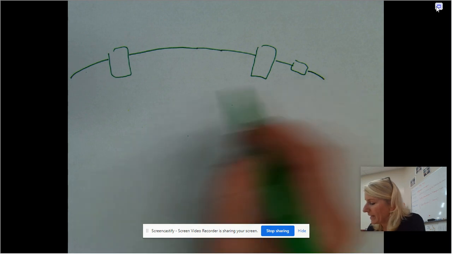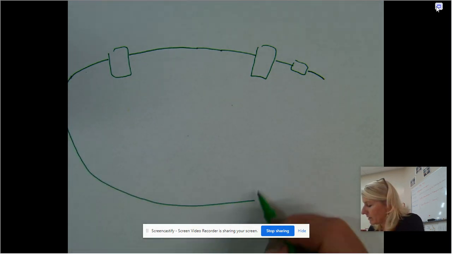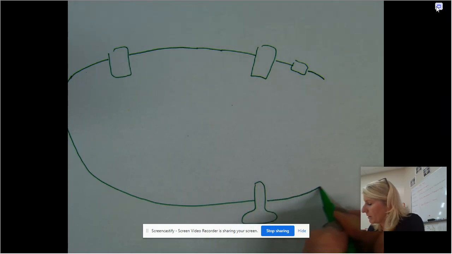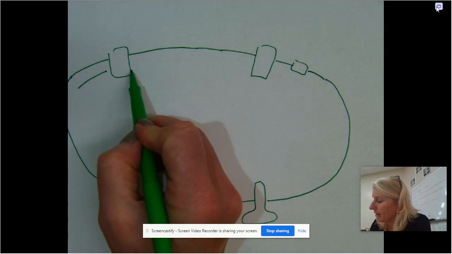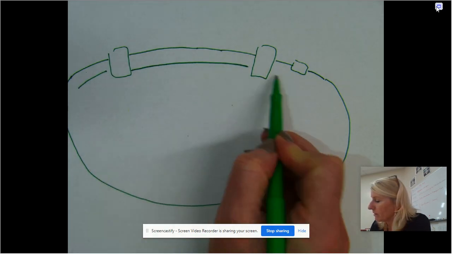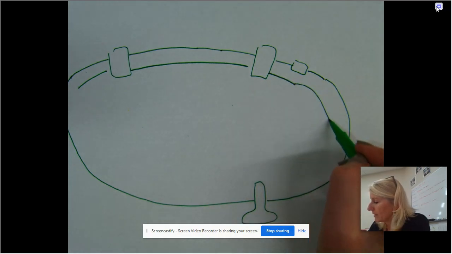And I always like to draw my ATP synthase on the bottom, and it sort of looks like a windmill. So the thylakoid is a double membrane, double phospholipid bilayer. So I'm drawing it like this.